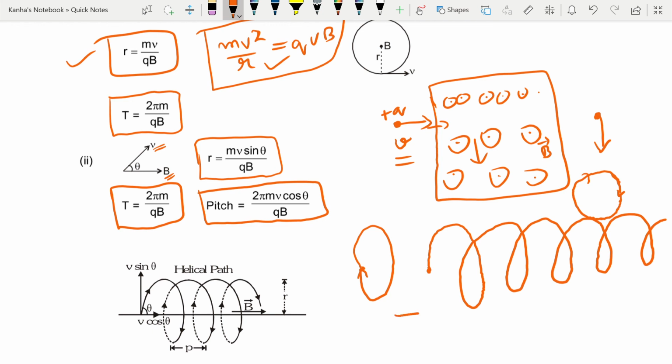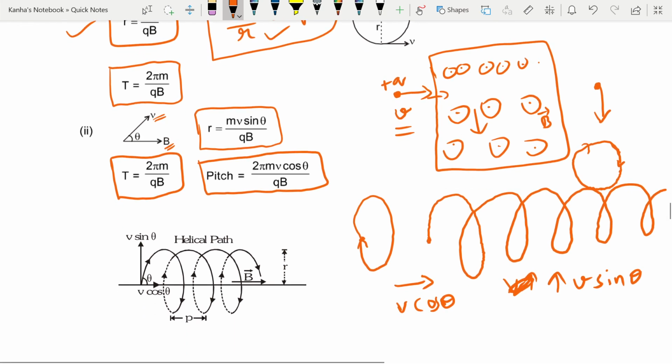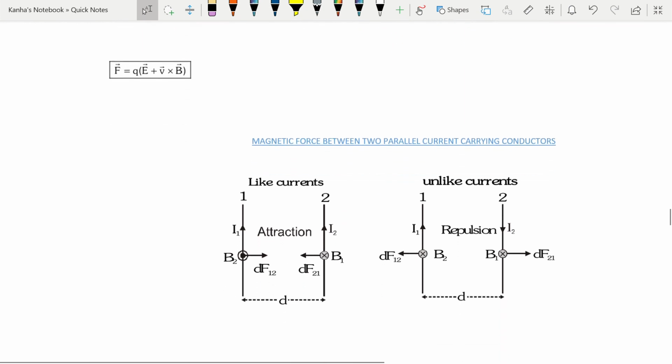So it is moving in the horizontal direction with the velocity v cos theta, and the velocity in the y direction, which is basically your v sine theta. Okay, so this will undergo a helical path, and this is all you need to remember from this section.